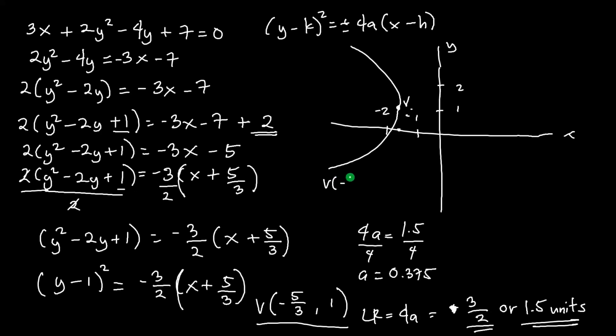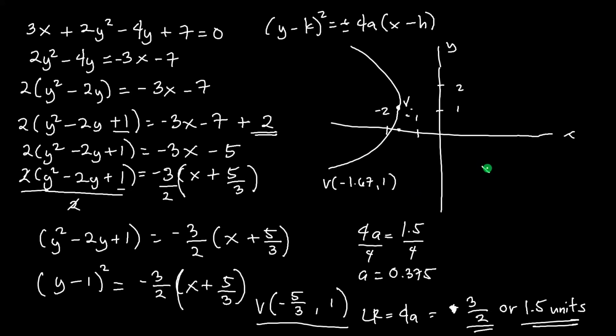For the location of the directrix, I will add a to the vertex for the x coordinate. Negative 1.67 plus, I'll write here so that we can easily identify, 1.67 plus a.